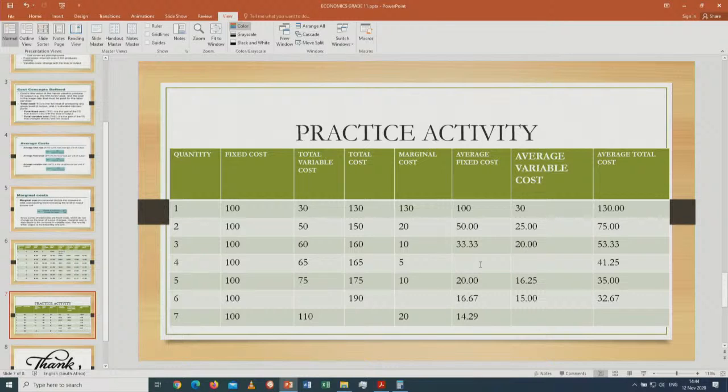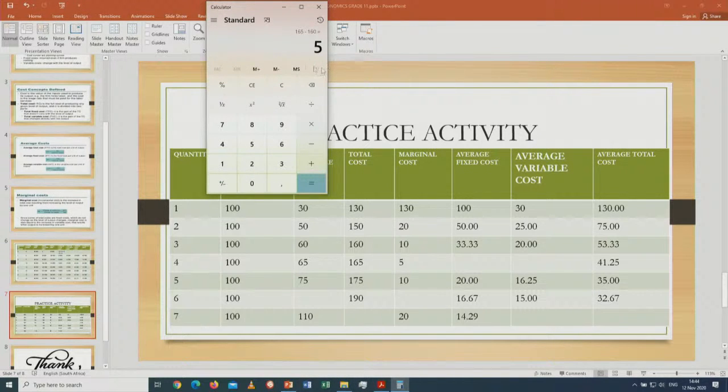We don't have the average fixed cost as well as the average variable cost, which will make it a bit difficult for us to do this one, because we must take the average variable cost. The average variable cost will take the total variable cost divided by the number of units. Okay, let's go and do it and see the average variable cost.